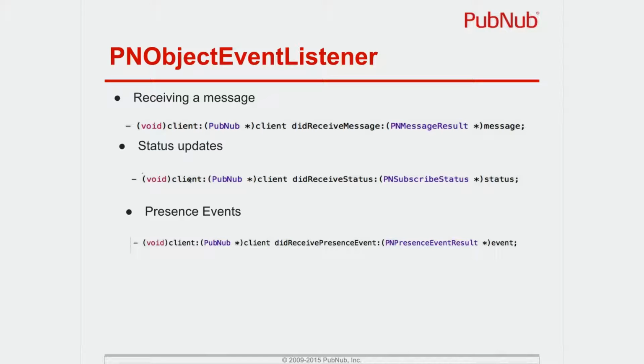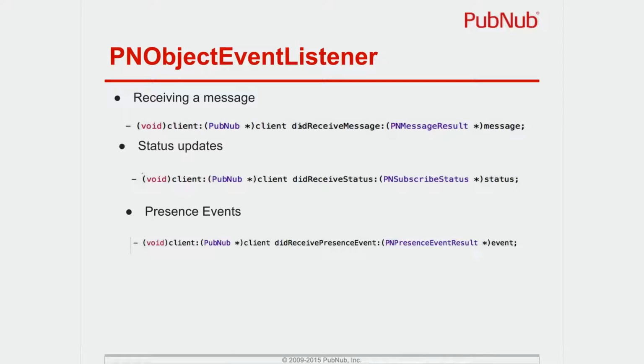The PNObjectEventListener interface is made up of 3 methods. For the most part, if you wanted to write a simple chat app, you can almost get by implementing these 3 methods alone. It's very, very straightforward, very simple. They all accept one argument, and it's usually in the form of a result or a status.